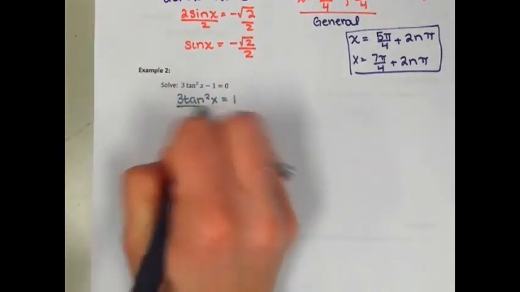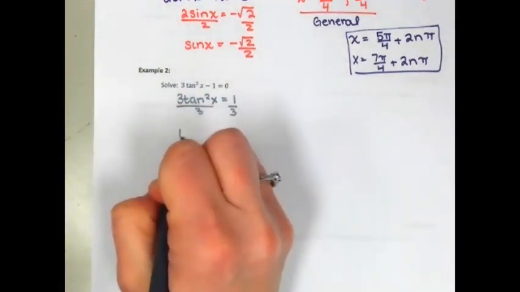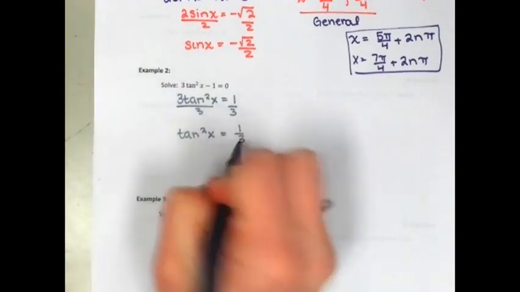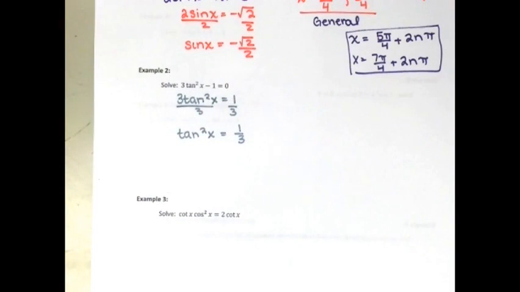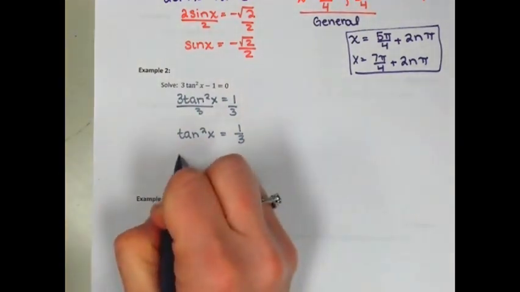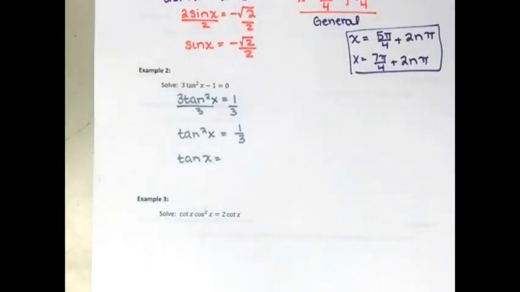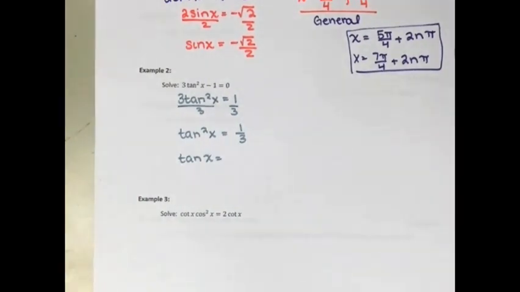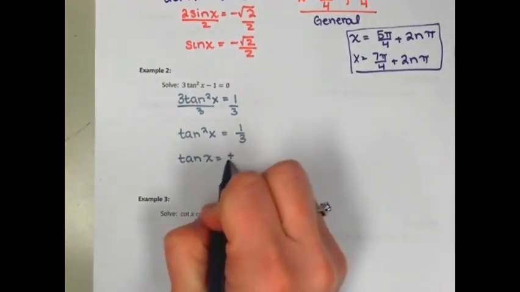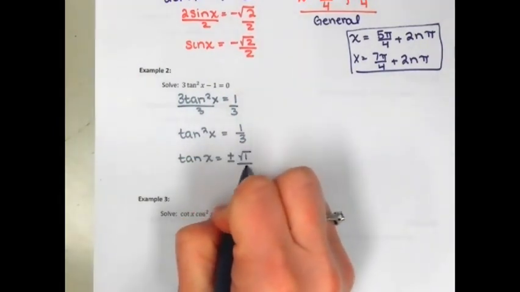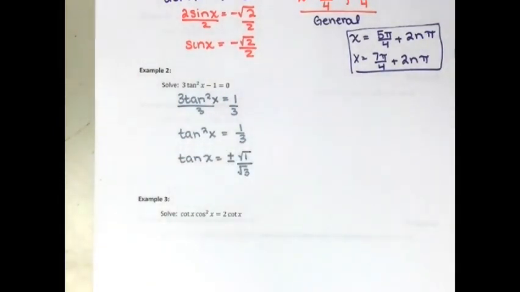Divide by 3. So we get the tangent squared x equals 1/3. Right? And then what? Take the square root. So we get the tangent of x equals, now I'm taking the square root, so how many answers do I have? 2, so I need to have the plus or minus the square root of 1, which is 1 over the square root of 3, right?